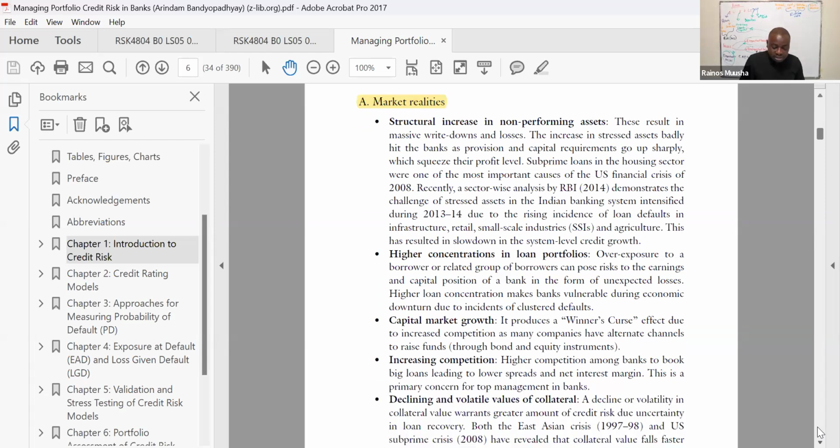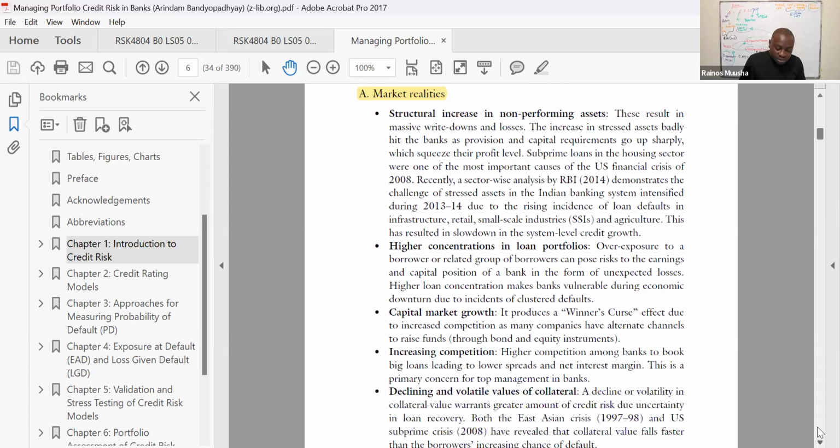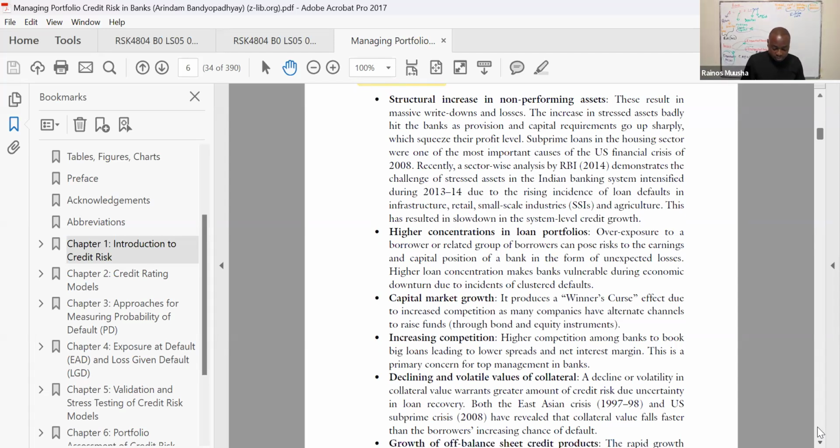Then another market reality is to do with high concentrations in loan portfolios. And here they say overexposure to a borrower or related group of borrowers can pose risk to the earnings and capital positions of a bank in the form of unexpected losses. So higher loan concentration makes banks vulnerable during economic downturn due to incidents of clustered defaults.